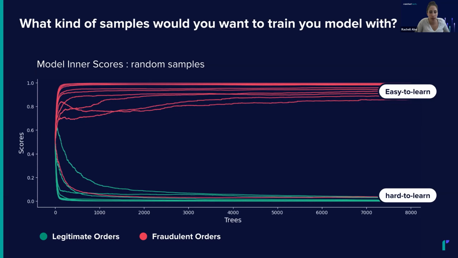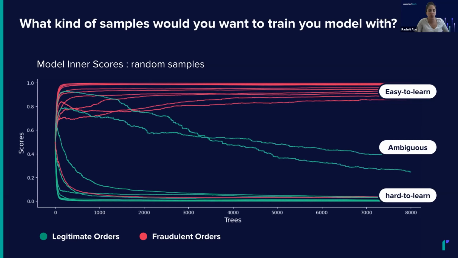And now for the third and final example here, this is quite different. We see two green lines, two good orders, that the model starts by giving a high score and then changes its mind. So if we look at the final trees here, the final model score is low, lower than 0.5. But from checking the inner trees, we can tell that this was quite challenging for our model.